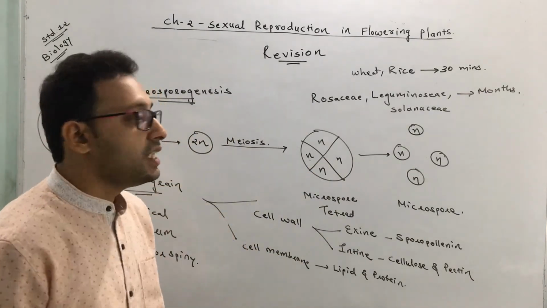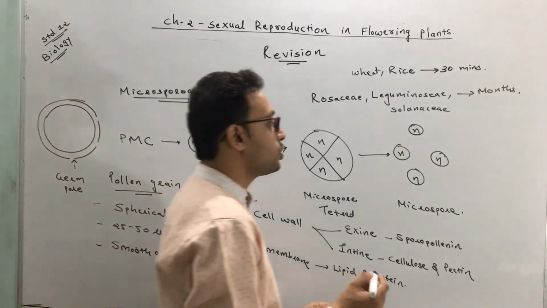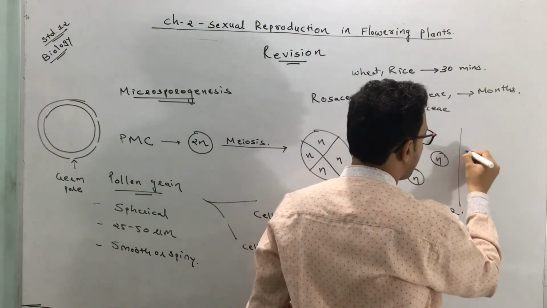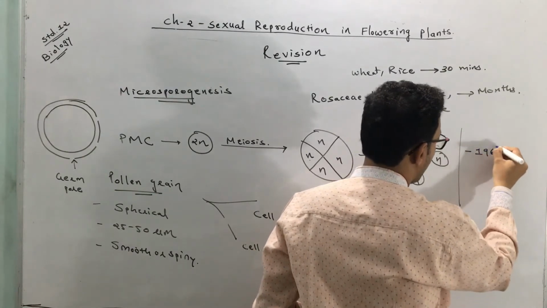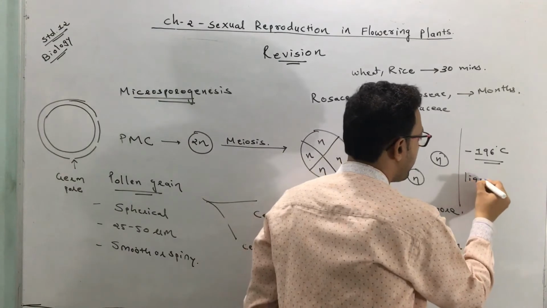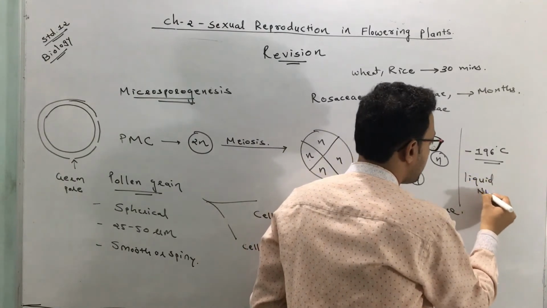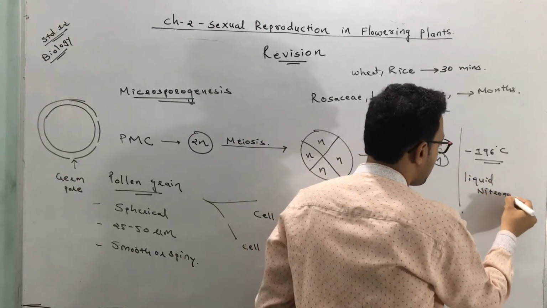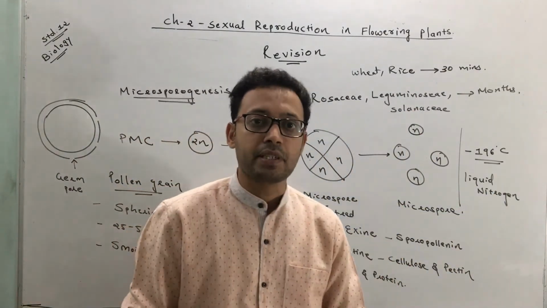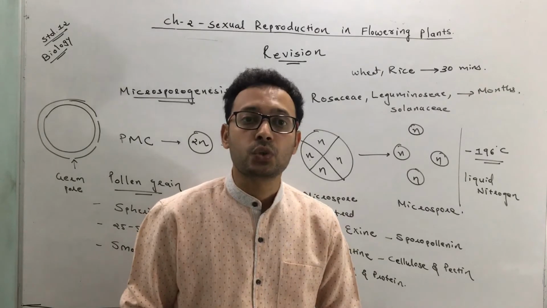Depending on need, if you want to preserve this pollen grain, you can preserve it at low temperature, and here you provide a low temperature of -196 degrees Celsius with the help of liquid nitrogen. In this temperature the pollen grain is stored.